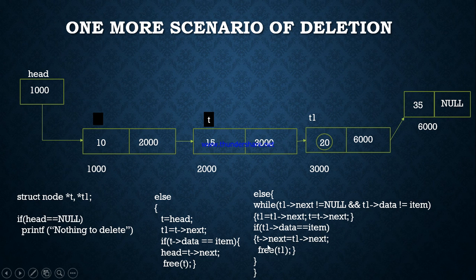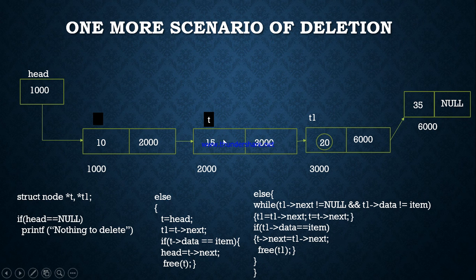So T of next equal T1 of next, because we need to delete this node. If we delete this node, the node at 2000 memory location will point to the node at 6000 memory location. So T of next equal to T1 of next.